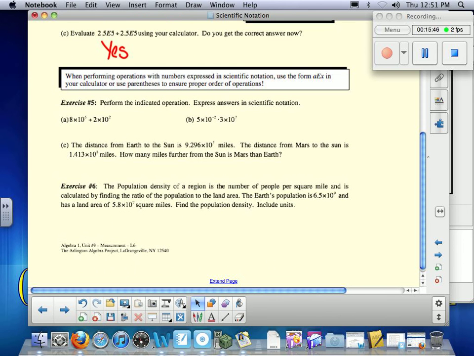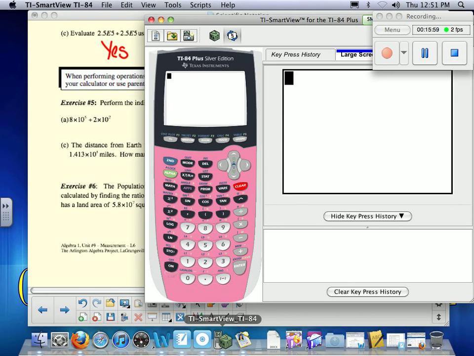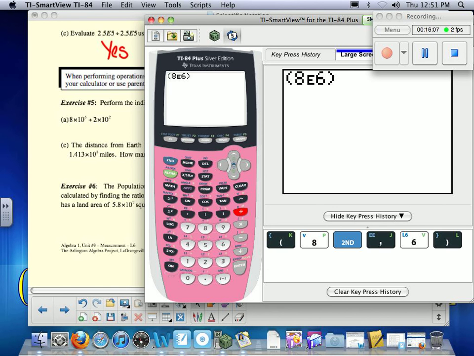Let's do number 5. For this one you're just going to have to move it over and hit the zeros. Letter A. I'm going to use my parentheses and I'm going to use the E thing. Divided by?